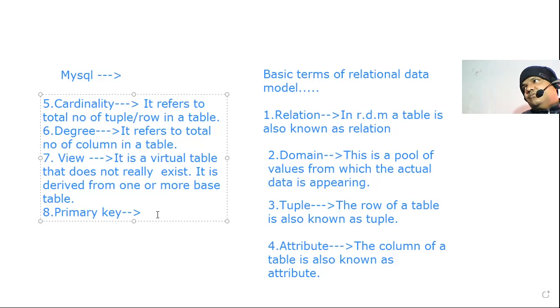But suppose we have a table in which we do not have any column that is unique and non-repetitive, then what will we do? We will not be able to have a primary key. Let me clear my question once again.